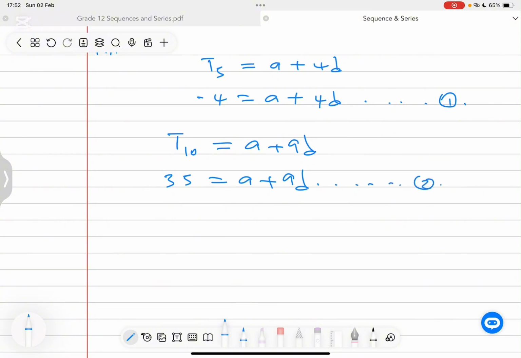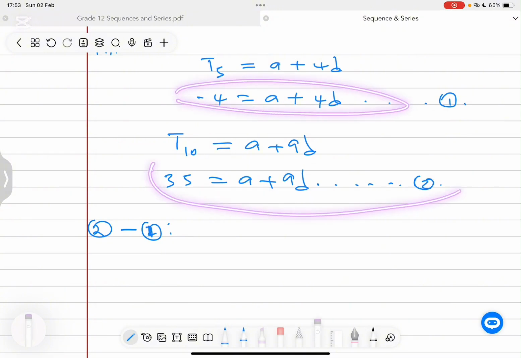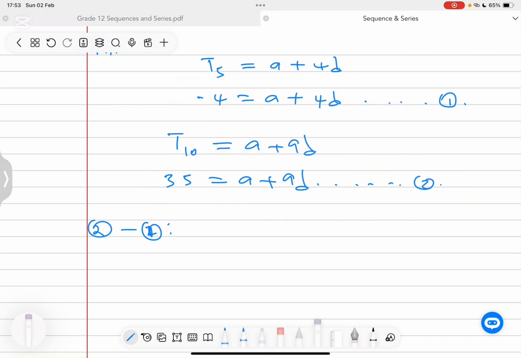Now, these are simple linear equations to solve, where we can say equation 2 minus equation 1. So basically, I'm subtracting this equation from this one. I'm taking each number from here and subtracting it from equation 2.